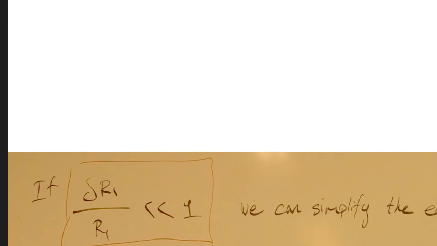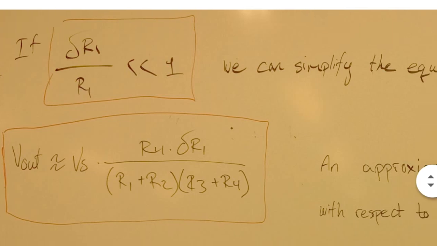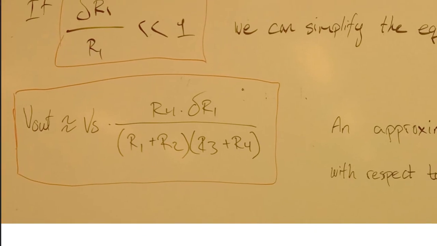So if we continue playing with this and say that the ratio of the change of resistance in R1 to R1 is much less than 1, then we can allow ourselves to manipulate the equation even further and simplify it, where we remove the change of R1 in the denominator.